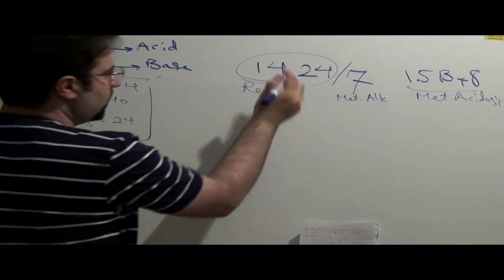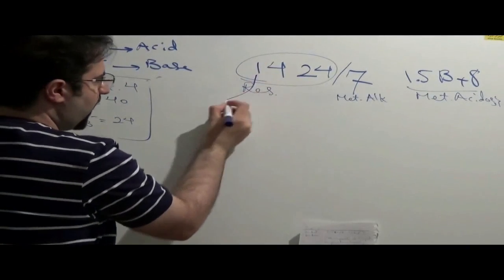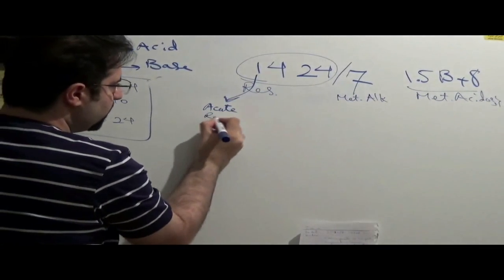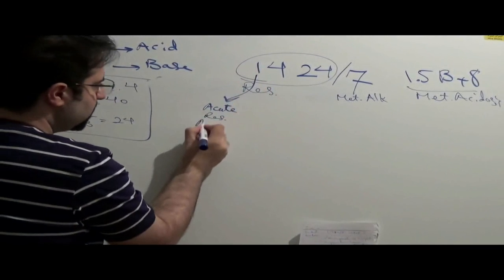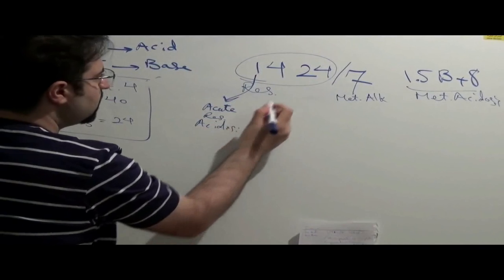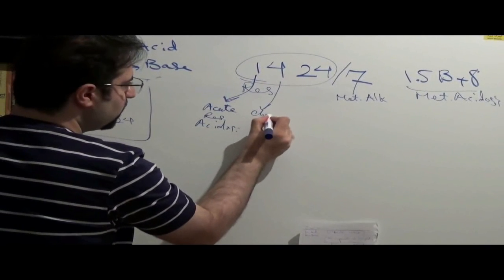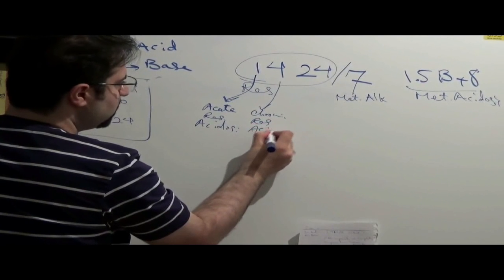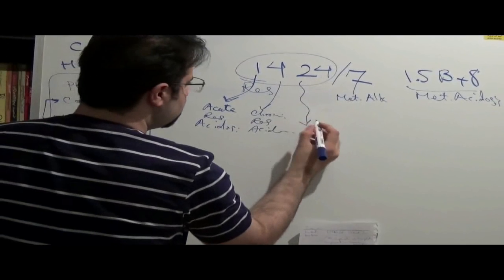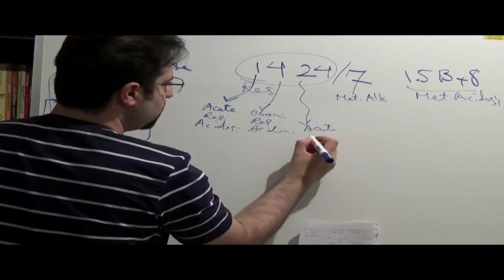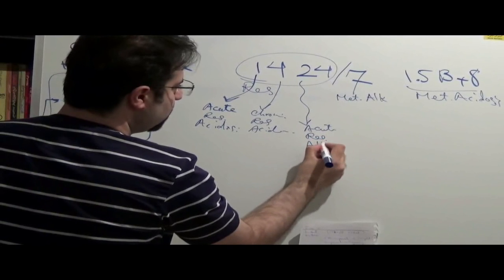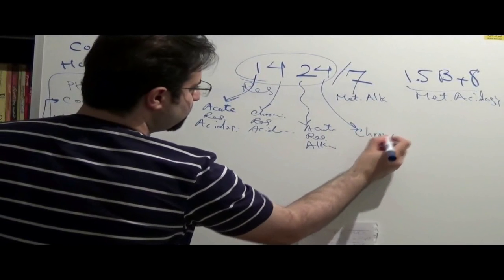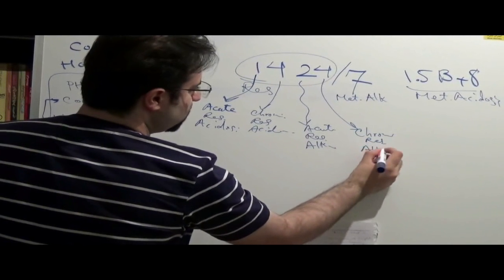This one is for acute respiratory acidosis. This one is for chronic respiratory acidosis, and this one is for acute respiratory alkalosis, and this one for chronic respiratory alkalosis.